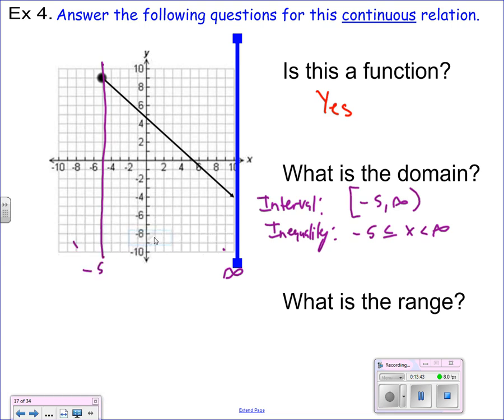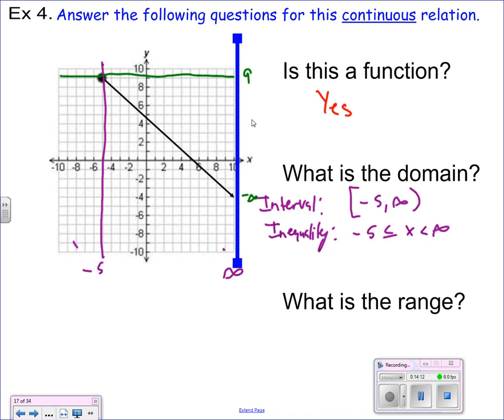Now for the range. You go to the very bottom of the graph. The very bottom has an arrow. So we can't draw a line, but we have to recognize that it goes down infinitely, so that means it's negative infinity. And then when I go to the tip top, the highest it goes looks to be 9.